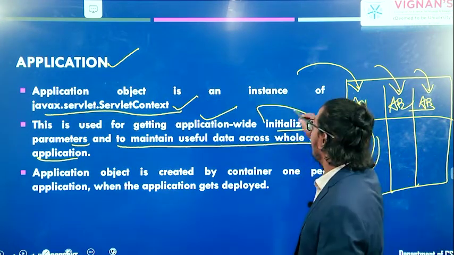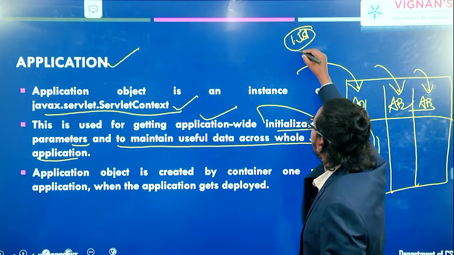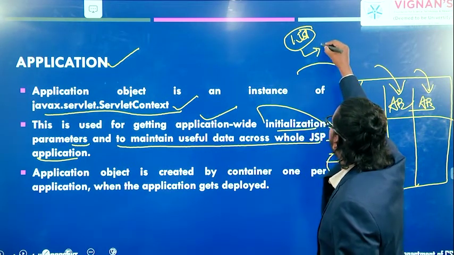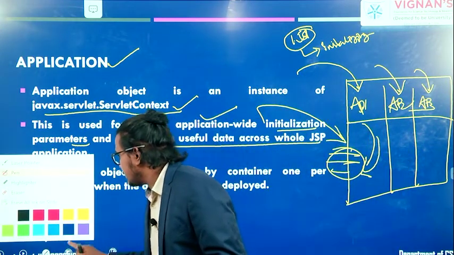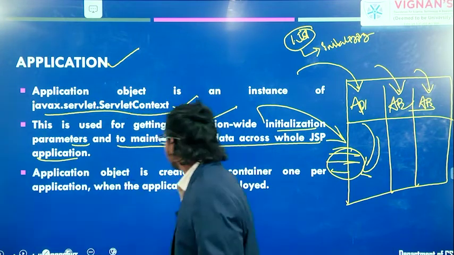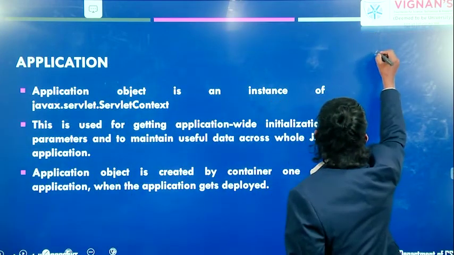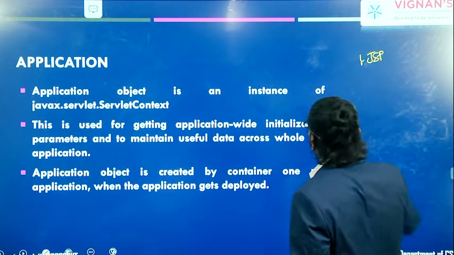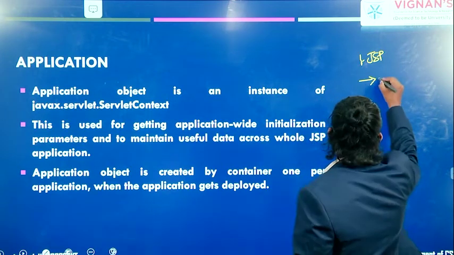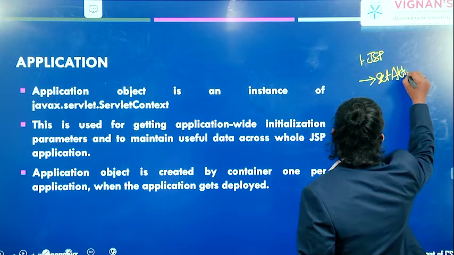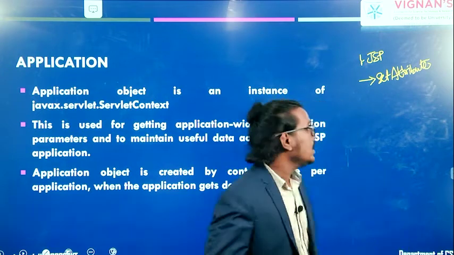For example, one.jsp page is there. In this one.jsp page, with the help of the set attribute method, we are setting the attributes.